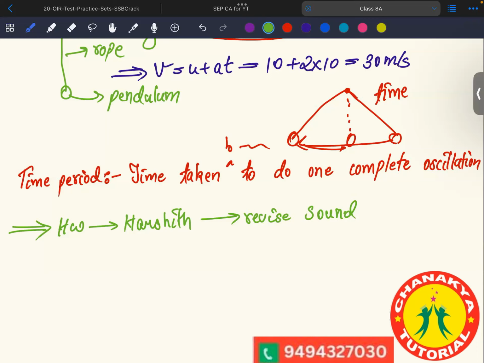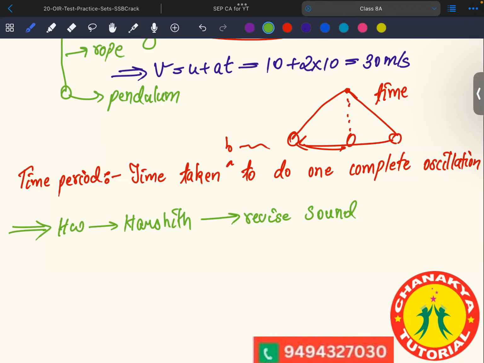Then I will start the stopwatch and see the time taken by this pendulum to complete one oscillation. When this pendulum completes one oscillation, I stop the stopwatch and record this time in my notebook. I do this experiment 20 times, 30 times, and I record all these values. And I am doing this for only one length.